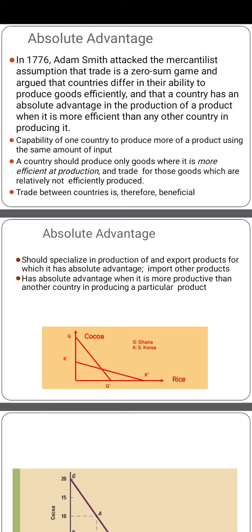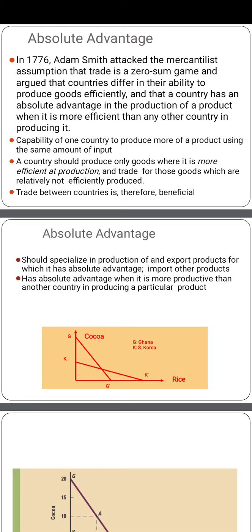product. So here you can see that there are two countries, Ghana and South Korea. Ghana produces cocoa and South Korea produces rice. Here you can see the production level of cocoa, denoted by G dash, and rice, which is K dash for South Korea.